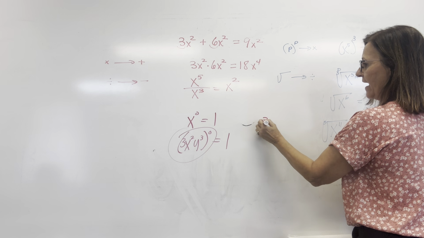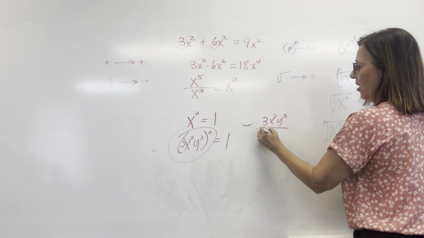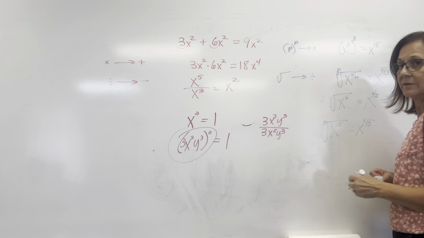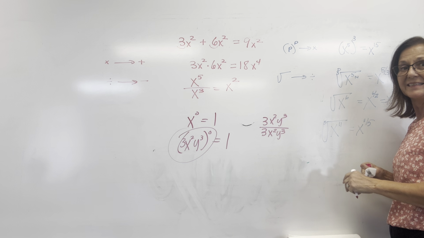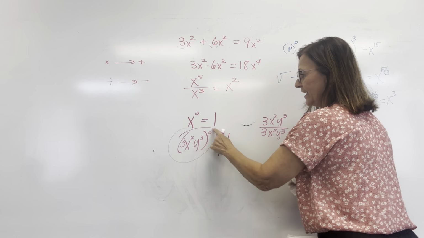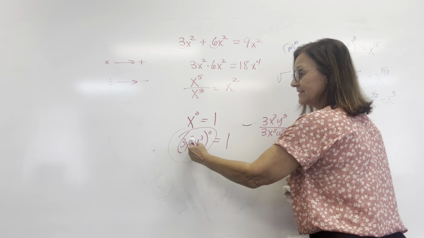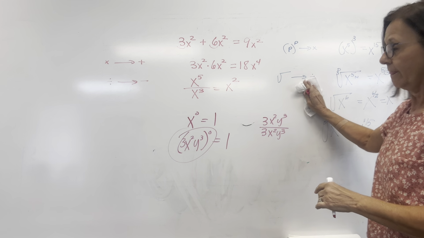It's as though we have this 3x squared y cubed over 3x squared y cubed. And when we subtract them, what are our exponents? 0. That's what this really looks like. It's this over itself, which is 1. Got it?